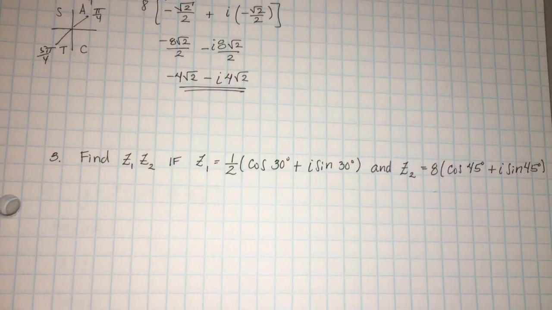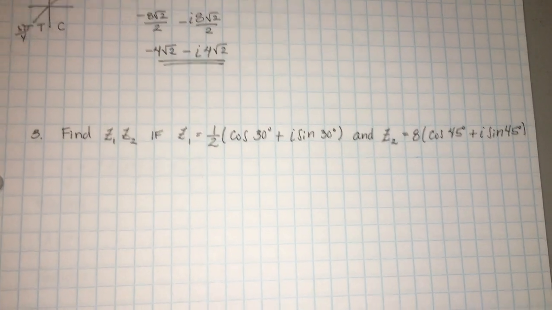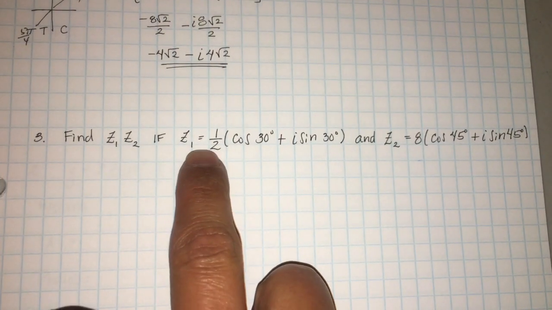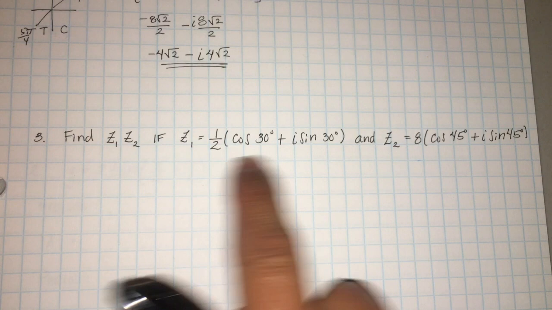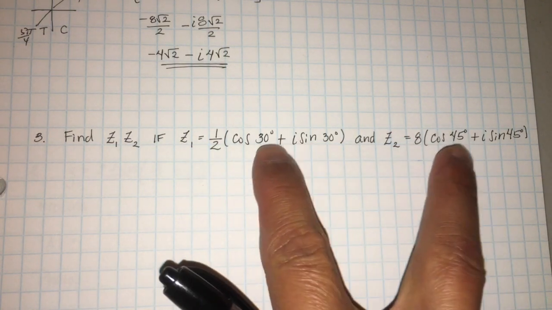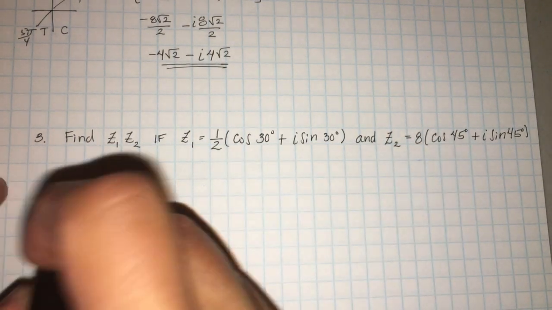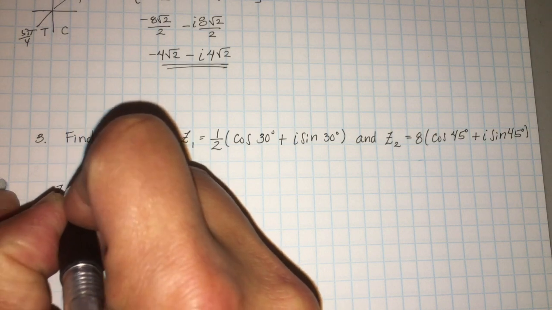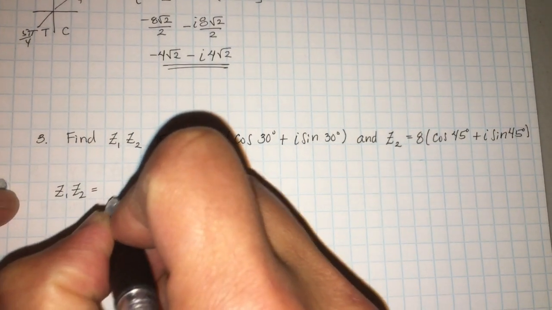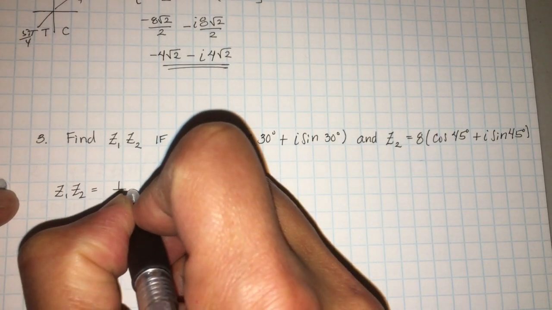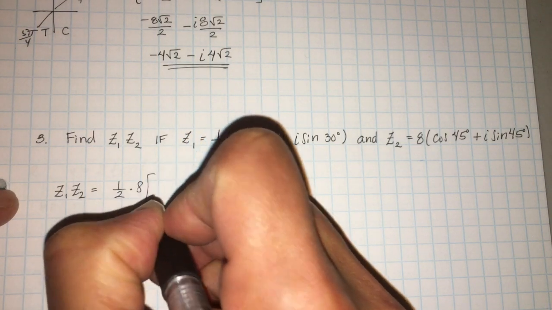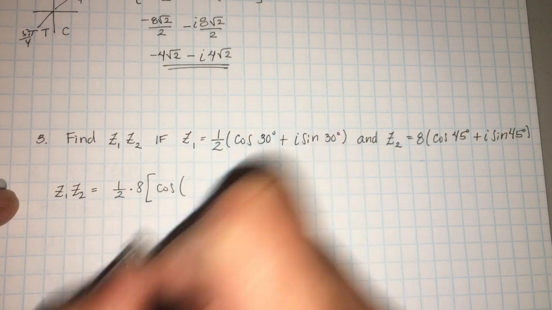Let's go ahead and find the product here for the next one, number 3. And remember, we are multiplying the moduli, and we're going to be adding the angles. So we're going to have z1 times z2. We're going to have 1/2 times 8, and then we're going to have cosine. And what are we doing with the angles?